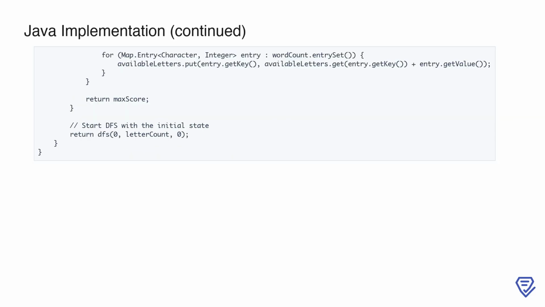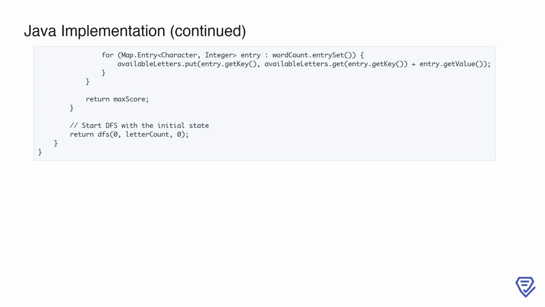The backtracking step is achieved by iterating through the letters used in the current word and restoring their counts in the available letters map. This ensures that the recursive exploration of other subsets remains unaffected by the decisions made for the current word. Once both choices for the current word, skipping it or including it, have been explored, we return the maximum score obtained from these two paths.